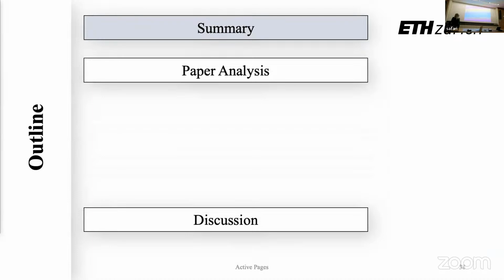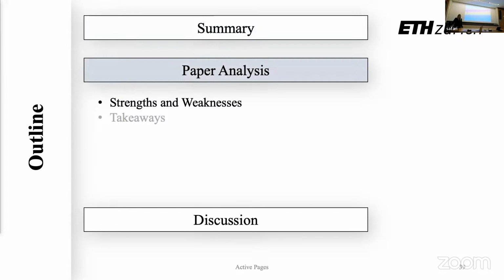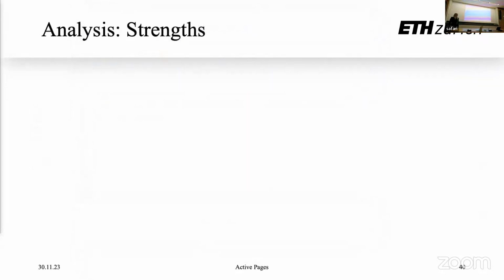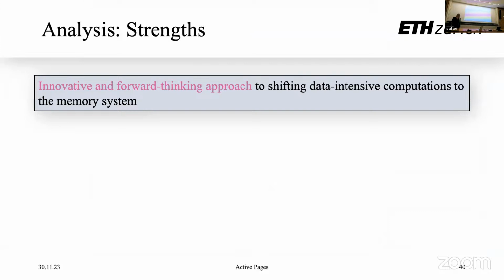Now I would like to get to the analysis of my paper. So the strengths and weaknesses first. The paper exhibits several notable strengths which contribute to its significance in the world of computer architecture. One of its strengths is the introduction of the active page model as an innovative and forward-thinking idea to address the gap in performance.